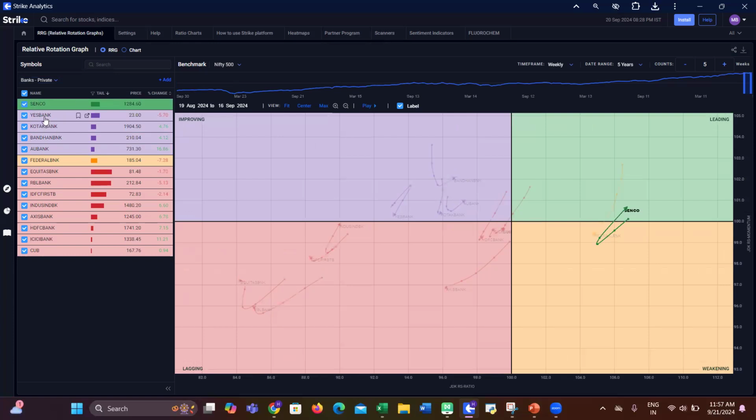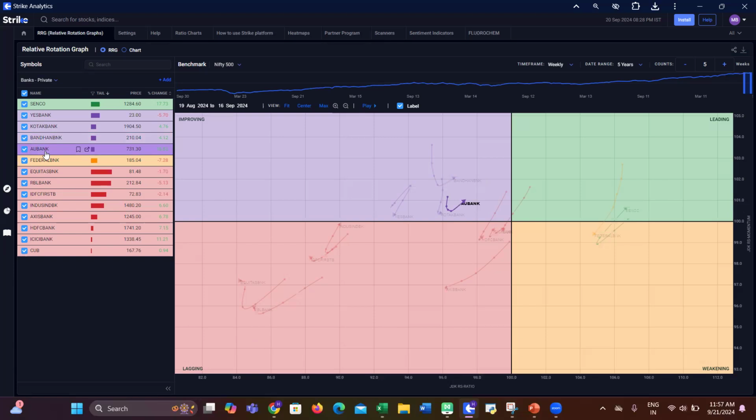Forget about Senko. Yes Bank, Kotak Bank, yes, it just stopped. We'll have to see if there is any further improvement in the RS momentum and RS ratio. Bandhan Bank is definitely showing some good increase in the RS momentum as well as RS ratio. So this is a very interesting setup for me.